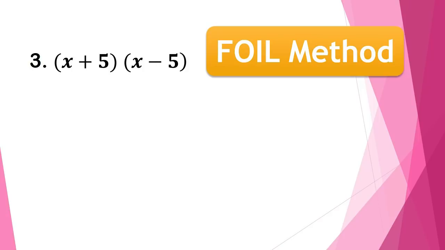So let's start. Let's multiply x times x, which represents the F, our first term. So x times x is equal to x squared. Next, O represents the outer term, which is x times negative 5. So x times negative 5 is negative 5x.